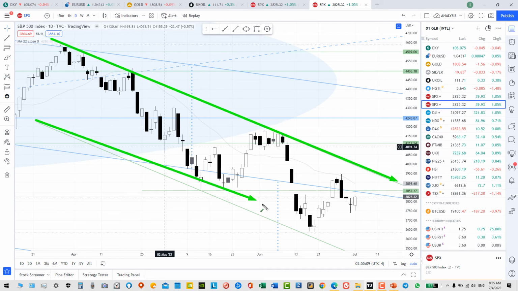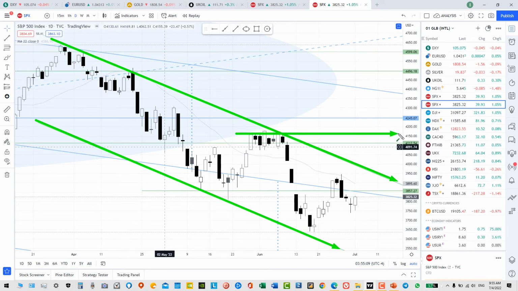And in order to have a good type of correction to the upside that may target further levels to the north, such as the nearest short-term resistance between 4,150, maybe 4,100, these areas are considered short-term targets for any correction, as well as a little bit higher target at around 4,245.